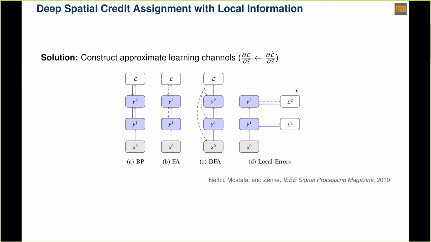It turns out that a more general, or at least better functioning, approach is to introduce this idea of local errors. Rather than having one global loss function, this network is going to have multiple loss functions, one for every population, or in this case, every layer of neurons. The advantage is that there is no more backpropagation.